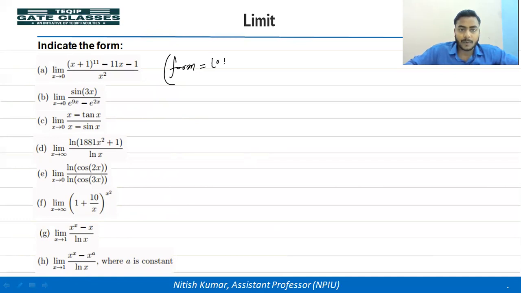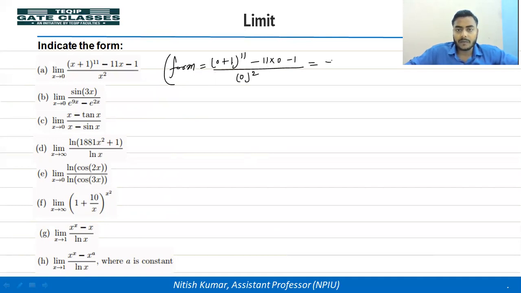So what are we getting? 0 plus 1 to the power 11 minus 11 into 0 minus 1 divided by 0 square. What are we getting here? 1 to the power 11 is 1, minus 11 minus 1.